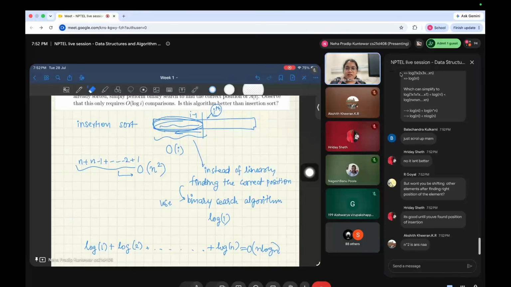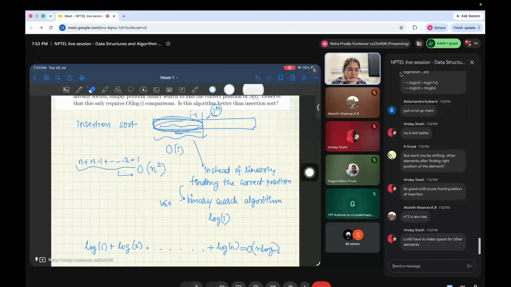Okay. N square, as in, are you saying that the analysis is the problem, or the idea of using binary search is the issue? Yeah, Hriday, I think that's correct.